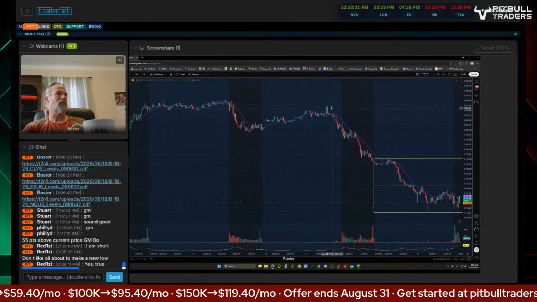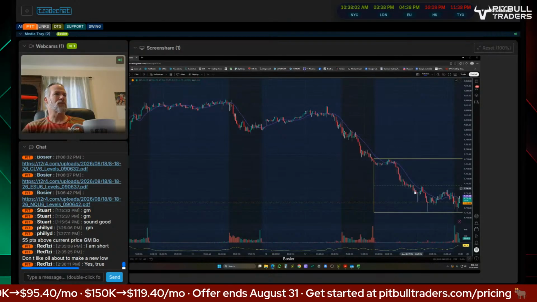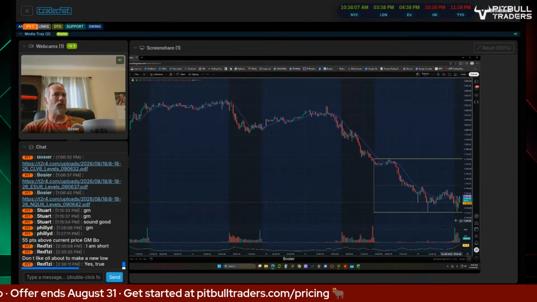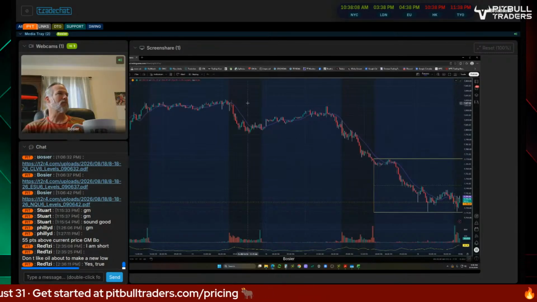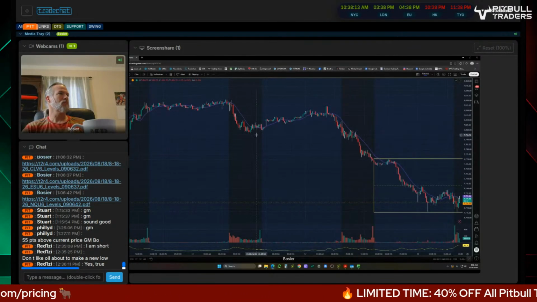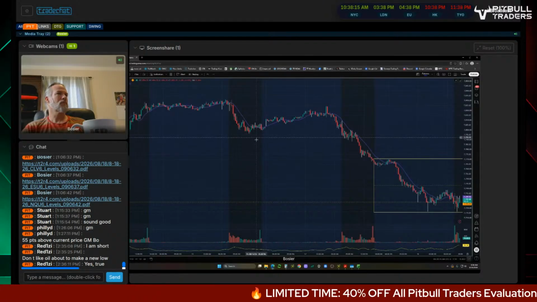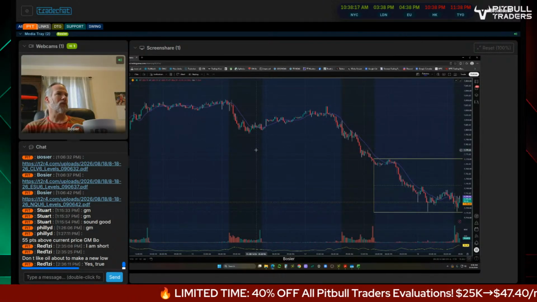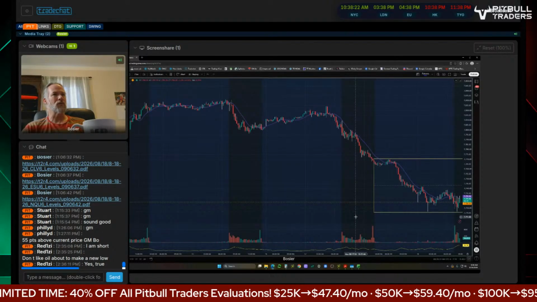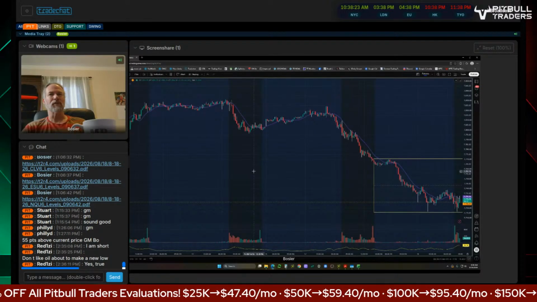I mean, really, this almost becomes one big wave three. Maybe this is wave four, and we get another big wave five, which could be maybe 60 or 80 handles. That would bring us right back down to the 76.50 level.